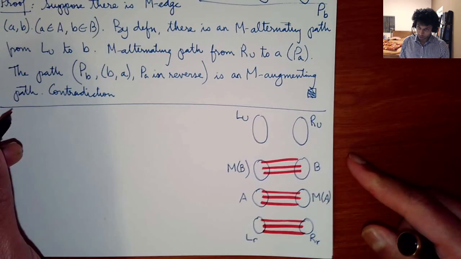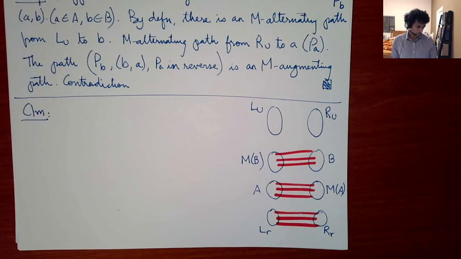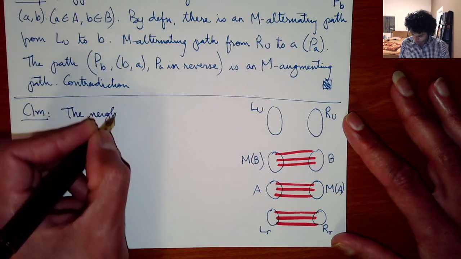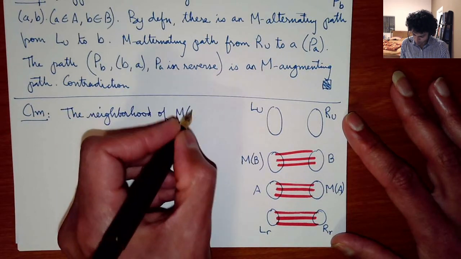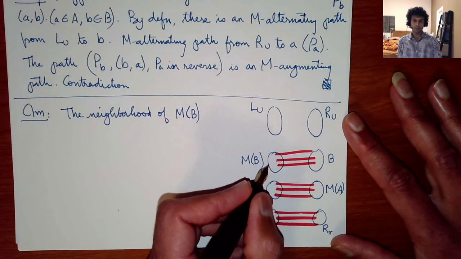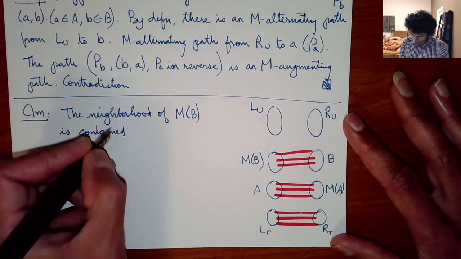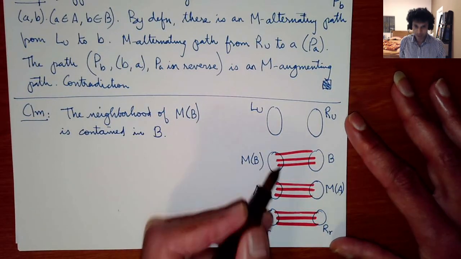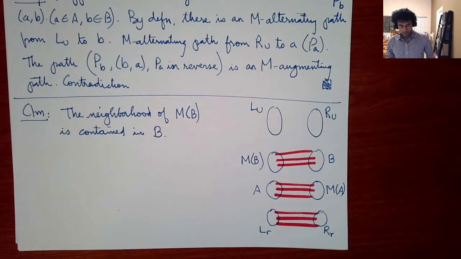So I'm going to write out another claim here. And this is key. The neighborhood of M of B is contained in B. Why?